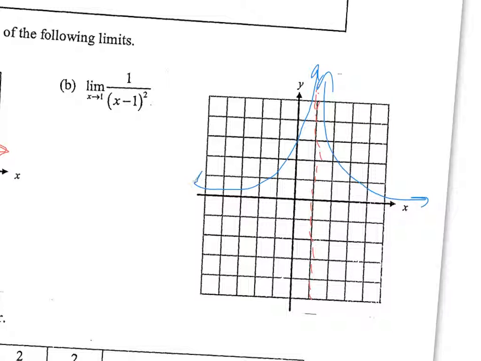As we get close to x equals 1, because that's what we're focused on, from the right side it's getting really big, and from the left side it's getting really big. They're both approaching infinity. So in some ways you might make an argument that there would be a limit here. But it has to equal an actual number from the left and right side, and infinity is an idea, a concept.